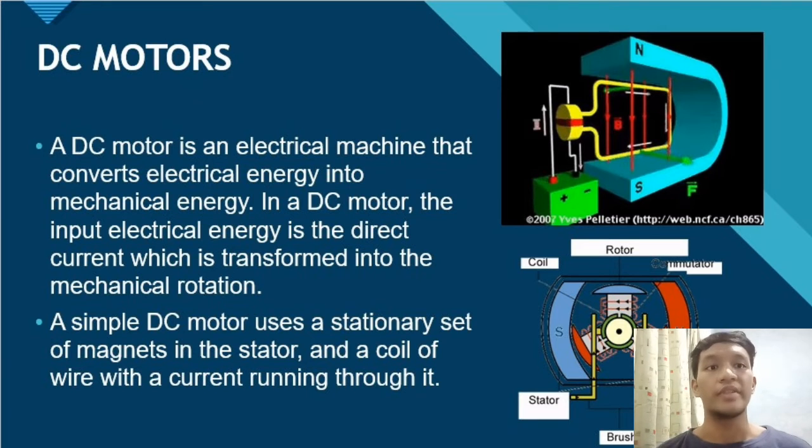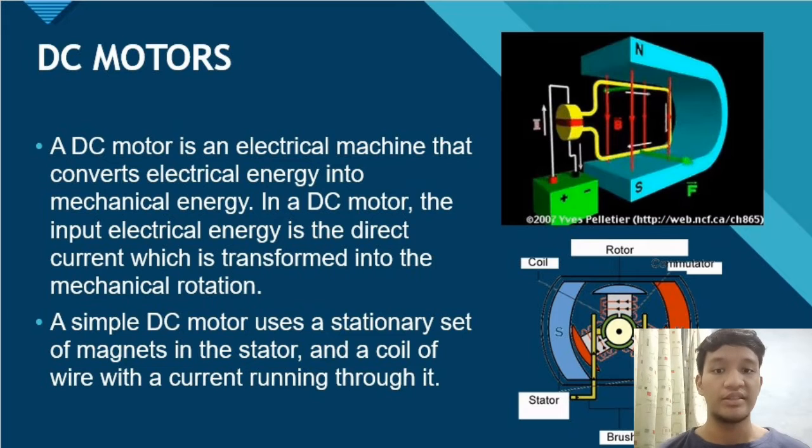My name is Ahmad Hafiz, and today I will talk about DC motors. A DC motor is an electrical machine that converts electrical energy into mechanical energy. In a DC motor, the input electrical energy is direct current, which is transformed into mechanical rotation.